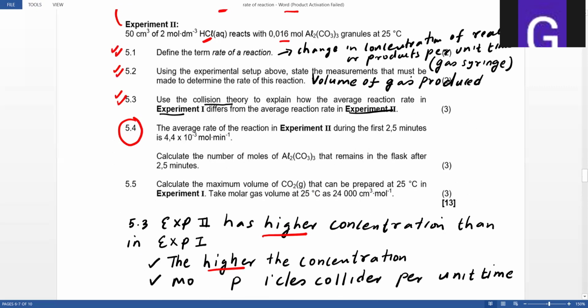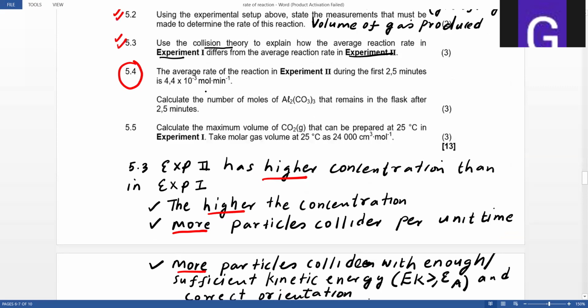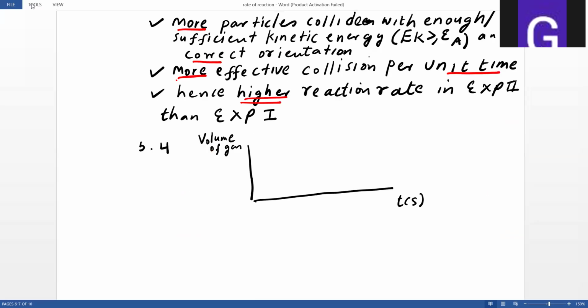I don't want to do it graphically already, but if we were to draw a graph, we are comparing the volume of gas that is produced and the time. Oh, but by the way, no. Let's look at the unit, moles per minute. So it means not the volume, it is the number of moles.